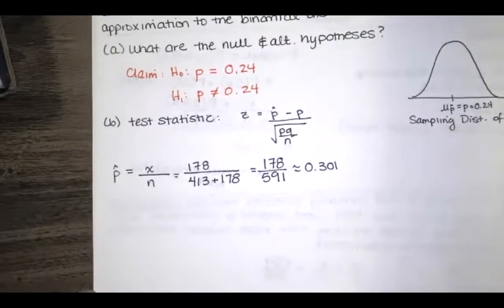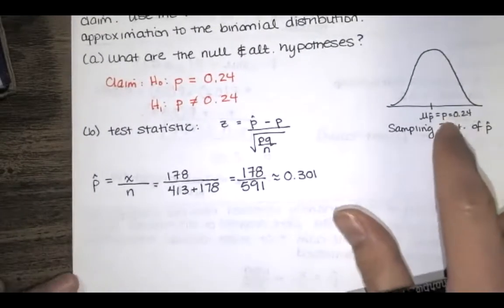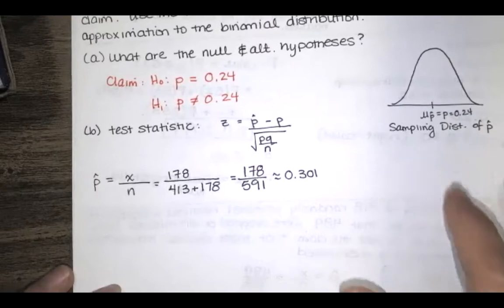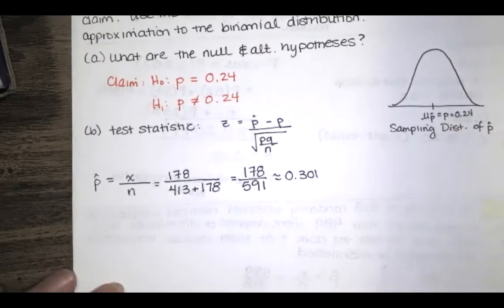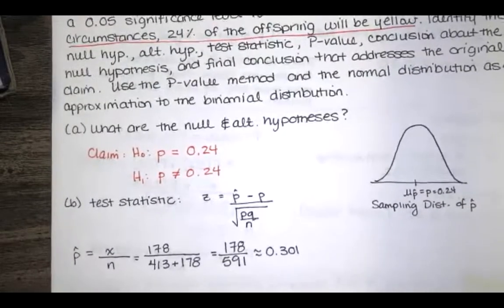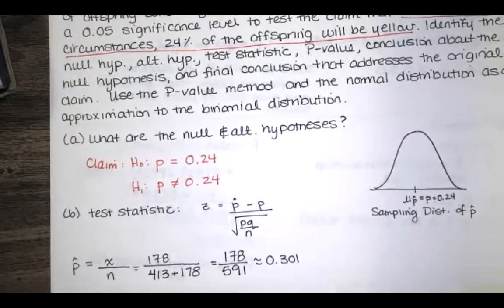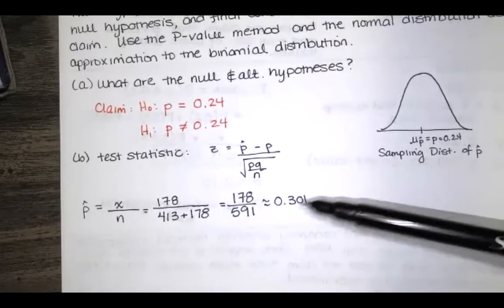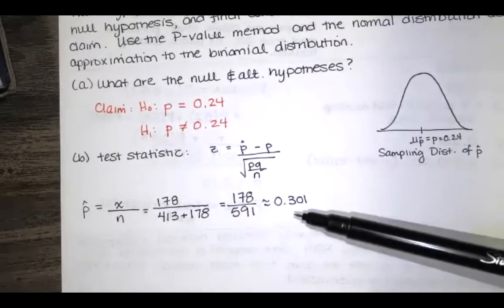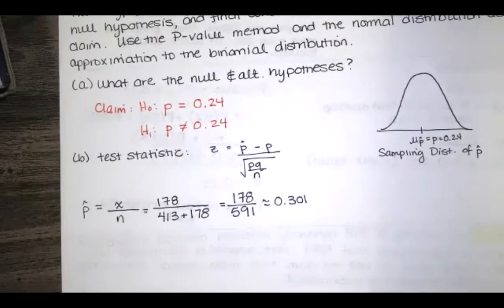Okay, so we're saying if the population proportion is actually 24%, if 24% of the offspring are yellow, so we would have 24% yellow peas, is it significant to have a sample proportion of approximately 30.1%?